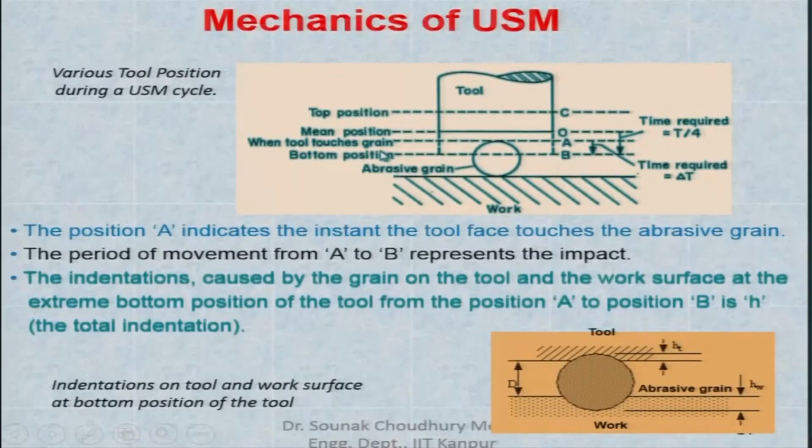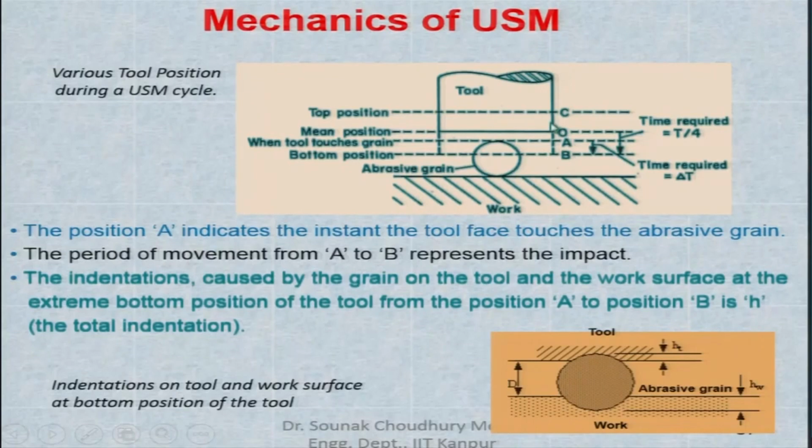For that you find out the different tool positions, that is, the mean position when the tool touches the grain. In the standoff distance between the tool and the workpiece there will be abrasive grains, and when the tool touches them, its bottom position will be here. So, how much time is required for this, and so on.